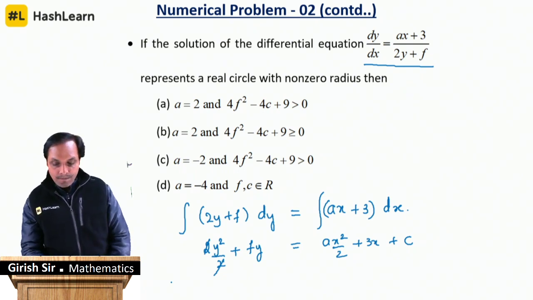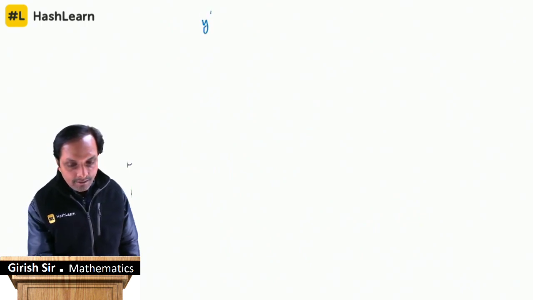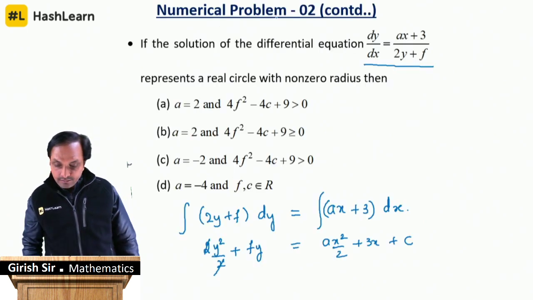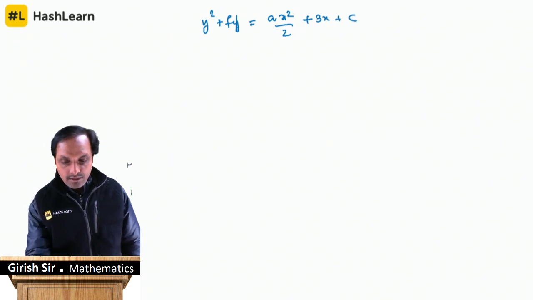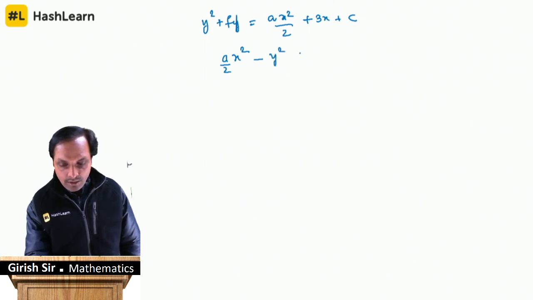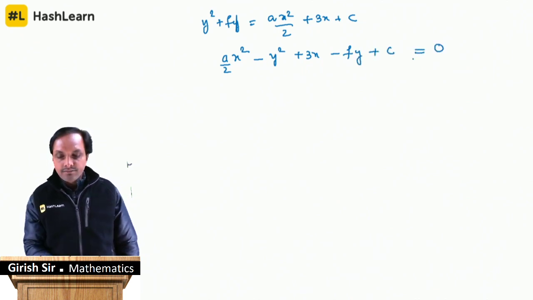Now shift all the terms to one side. Let me take a next slide. You will have y square plus f into y is equal to a times x square by 2 plus 3x plus c. Taking this to the other side, we get a into x square by 2 minus y square plus 3x minus f into y plus constant is equal to 0.